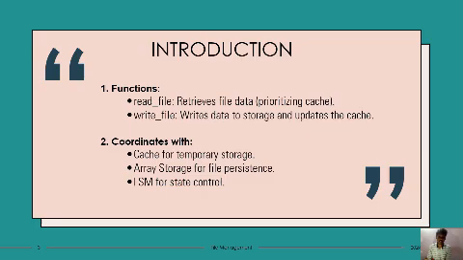And the next one is array storage. In array storage, we have used components like creating a file, deleting a file, read file, and write file. We have used these operations in the array-based storage management. And the next is FSM, the finite state machine.